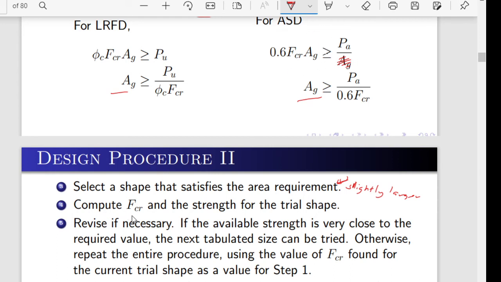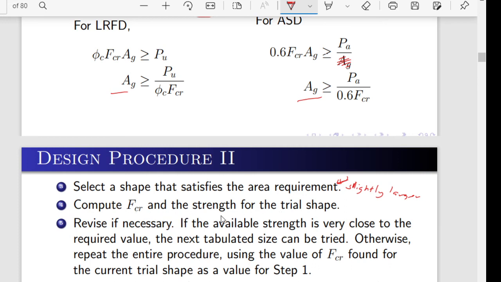Then compute Fcr again and the strength for the trial shape. Remember those conditions we discussed in a previous video. Then revise if necessary.